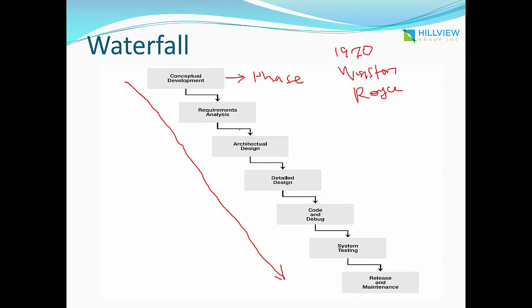As we have talked about, it progresses nicely through requirement gathering, analysis, architectural design, detailed design. You code, you debug, you test, system testing, both unit testing and integration testing, then you release, and then the maintenance phase.